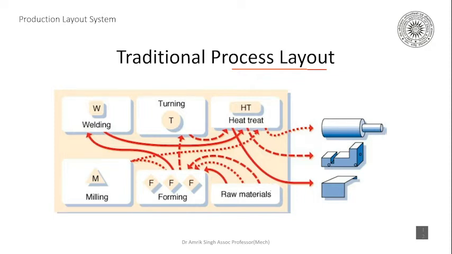Suppose the raw material goes to the forming section, from forming to welding, and from welding to heat treatment. So it can go from any section to any section. That means the machines are laid down according to the process.